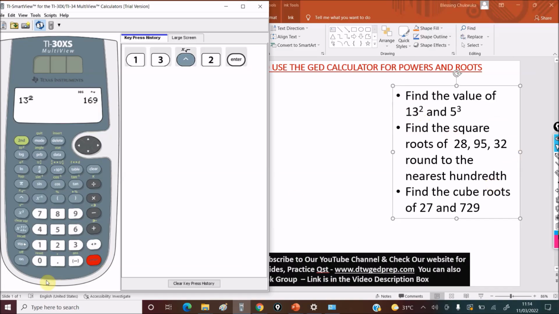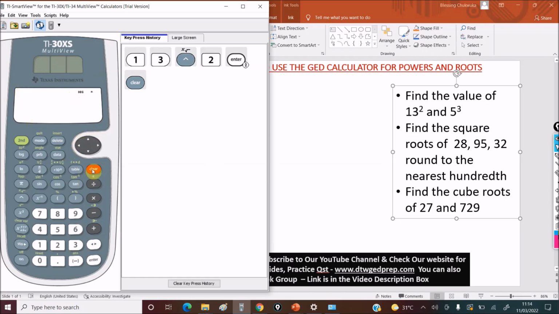All right, so let's get 5 cubed. Let's clear this. Each time you finish solving a question, before the next question, always make sure you press the clear button. If not, the previous work you've done, you're still going to continue working on that, and it will give you a wrong answer.